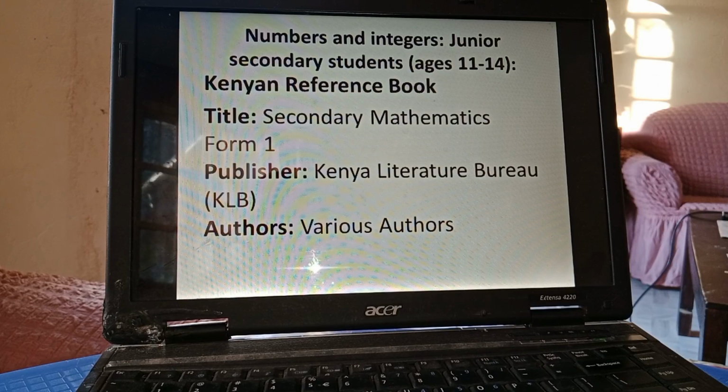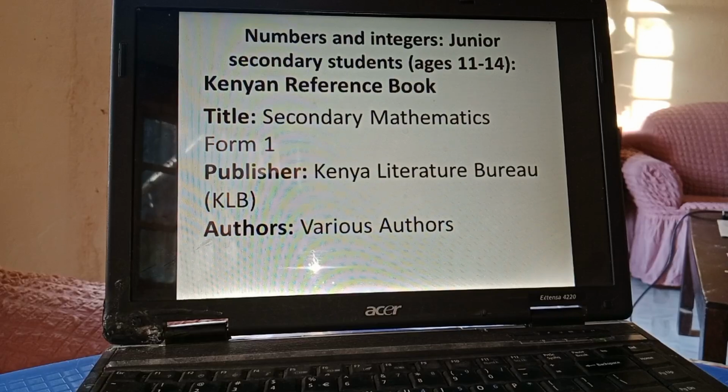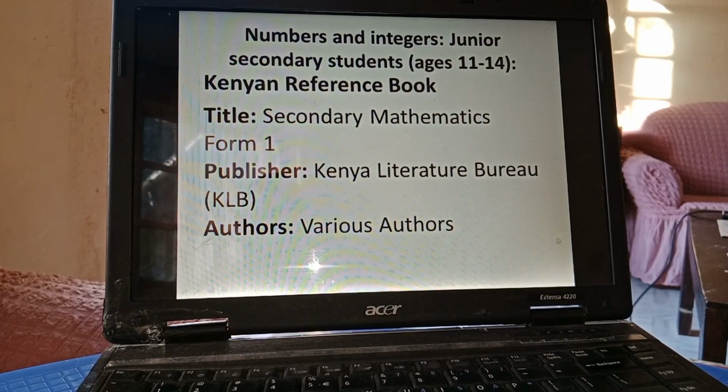We have Secondary Mathematics Form 1 by KLB, where you have several authors, including some we were running with at the university. I knew several others. We were in the same lectures in the university. So, this book has no specific author.